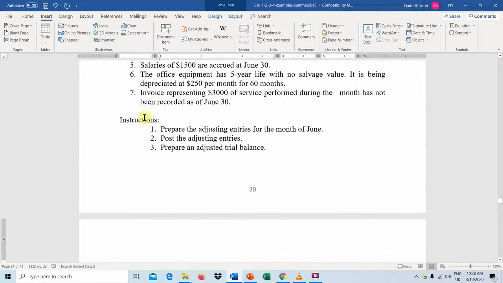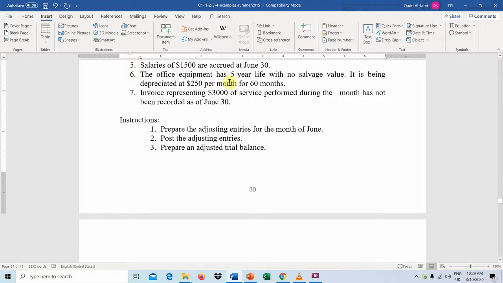The next one, we have an office equipment that has a 5-year life with no salvage value. The salvage value is the amount that we can sell the equipment for at the end of its life, but this equipment has no salvage value. So it's saying that this company is depreciated at $250 per month for 60 months. To make our life easy, it said how much is the monthly depreciation, so we don't need to calculate it.